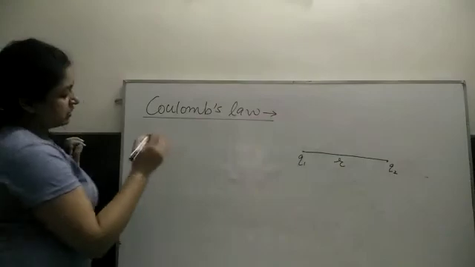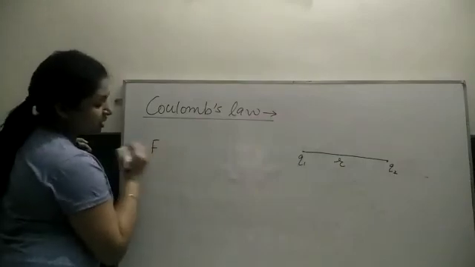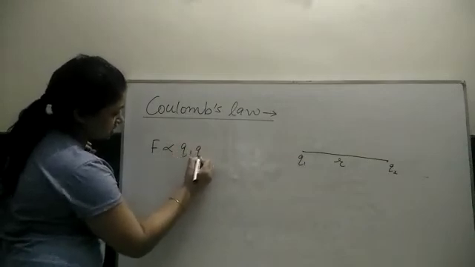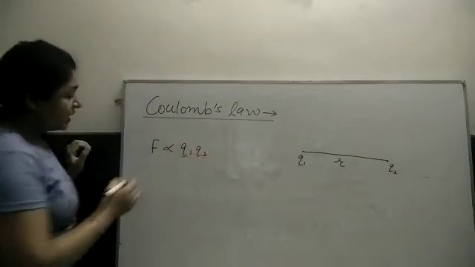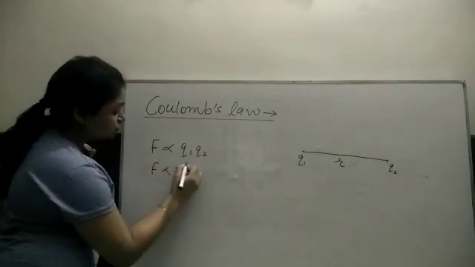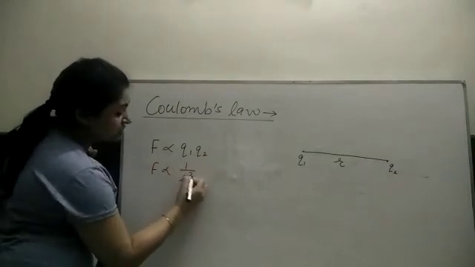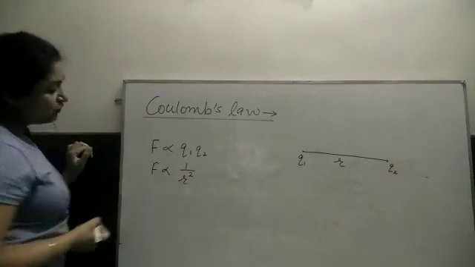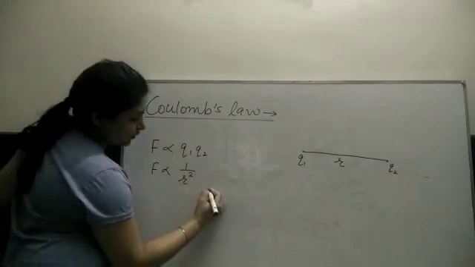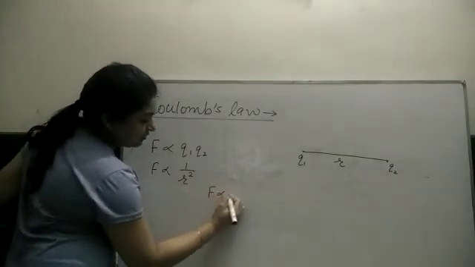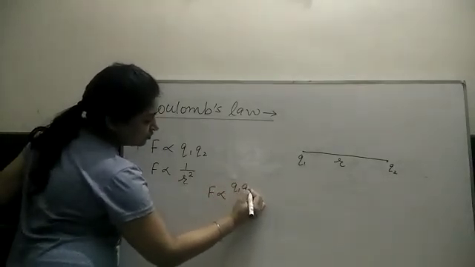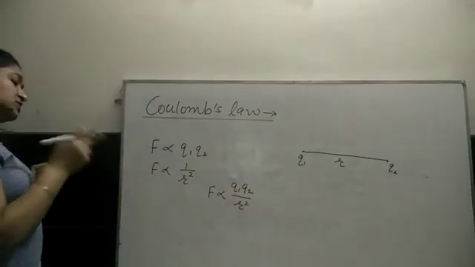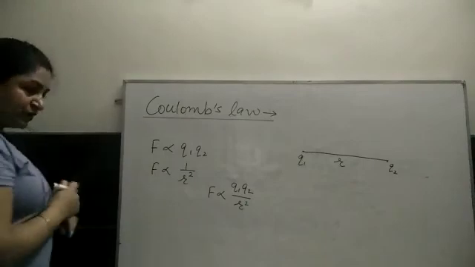Then according to Coulomb's law, the force between the two charges is directly proportional to the product of the two charges, that is Q1 and Q2, and it is inversely proportional to the square of the distance between the two charges, that is 1 over r square. If you combine both of the statements, we can write F is directly proportional to Q1 Q2 over r square.